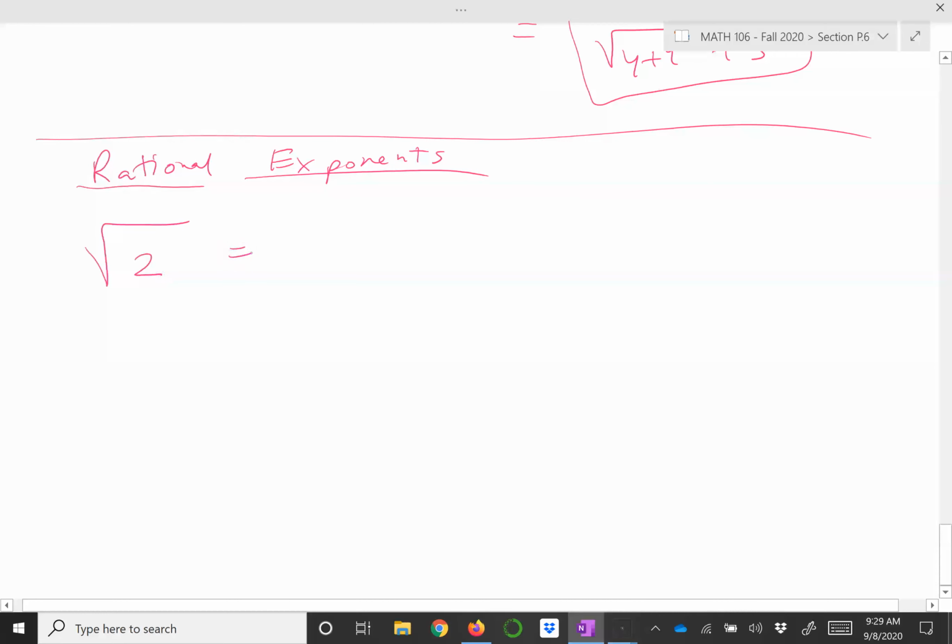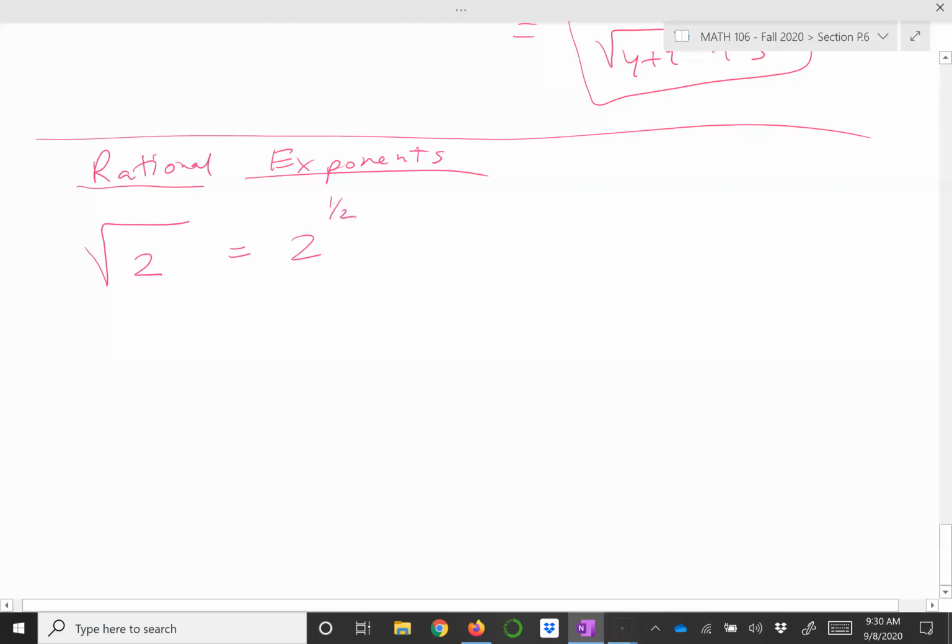Is it possible to rewrite that as an exponent? You've probably seen this at some point in your life. Yeah, so the square root of 2 is the same thing as 2 to the 1/2 power.